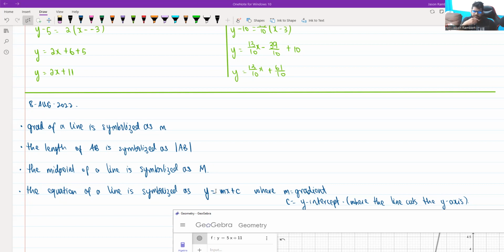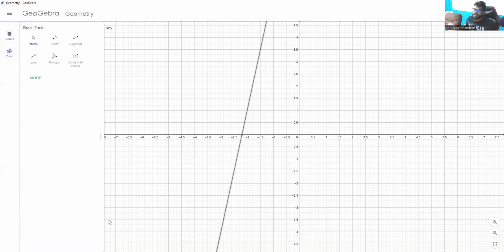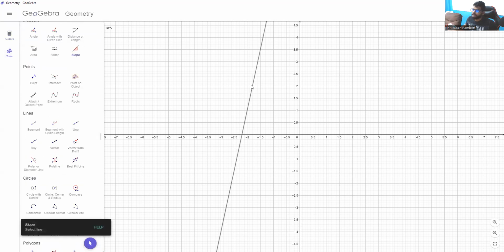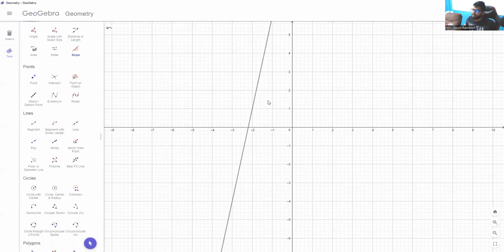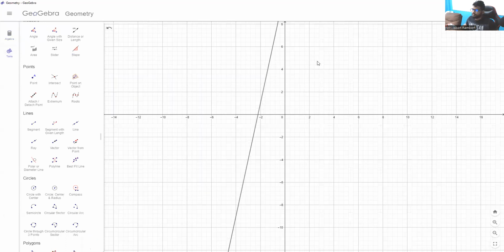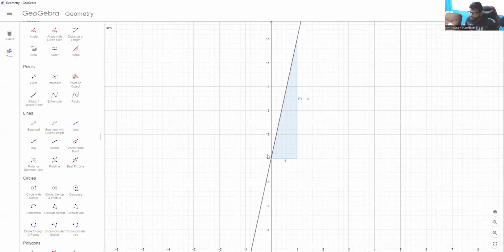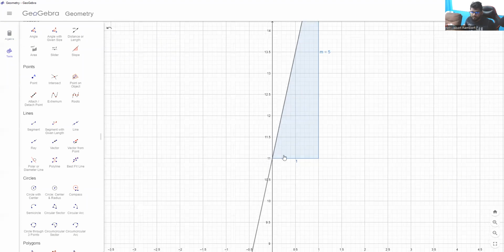What is the y-intercept? 11. So I can check it on GeoGebra. I can use the tools to calculate the gradient. The gradient is indeed 5 and the y-intercept is indeed 11. You see where it cuts the y-axis here?